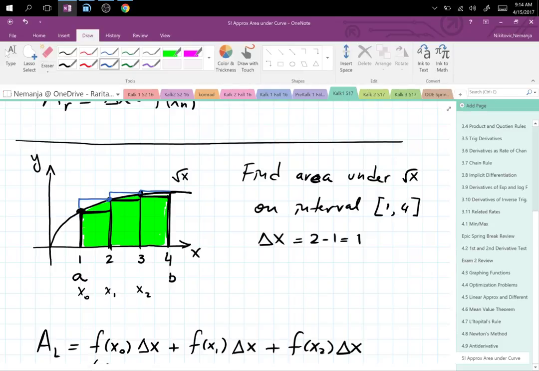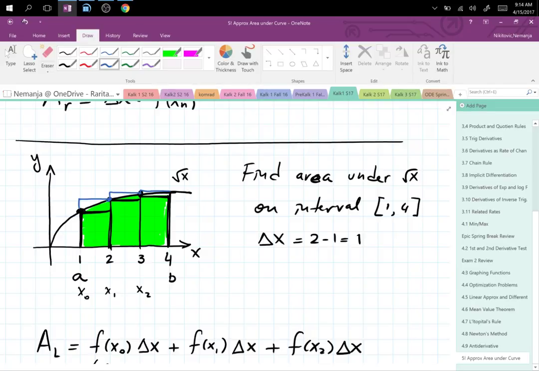So the first time with the left points, for this particular example, we underestimated, because you see that this part over here is counted in the area, and the one above, this little sliver, is not, right? So the 4.1 that we got is actually less than the true area under the curve.